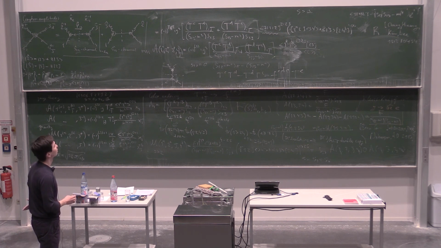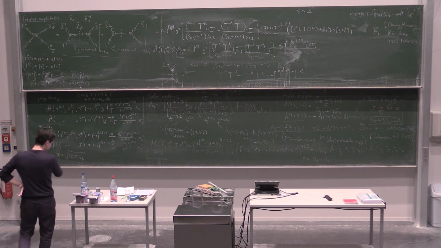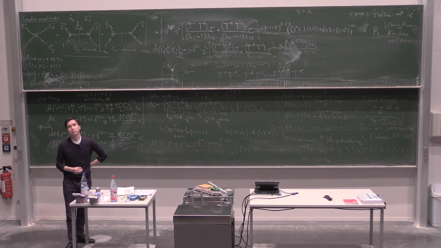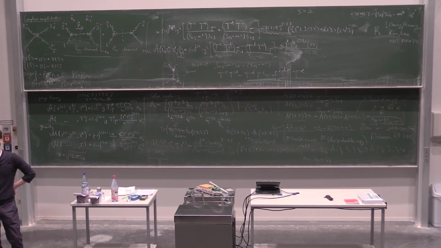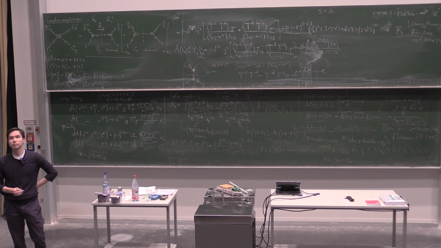Because if the scattering angle is 0, then momentum 1 can be written as a linear combination of the 2 incoming gluons. But maybe it works in the configuration you need for black holes. Yeah. Which is the S12 channel.